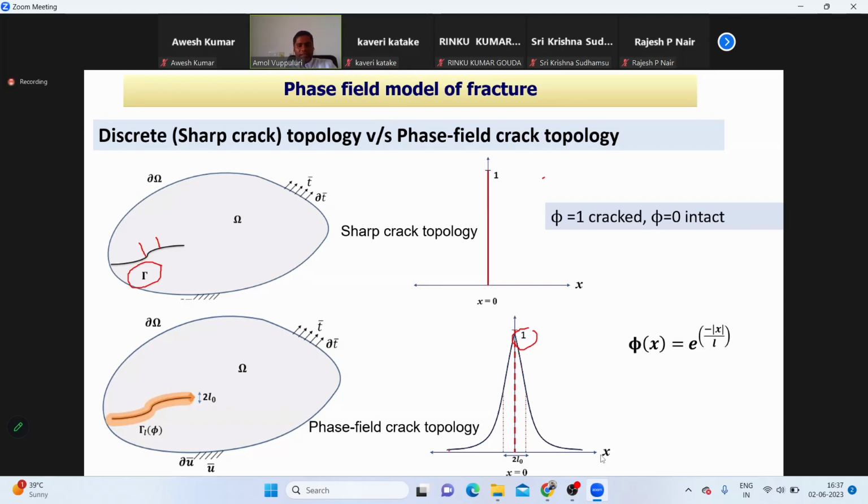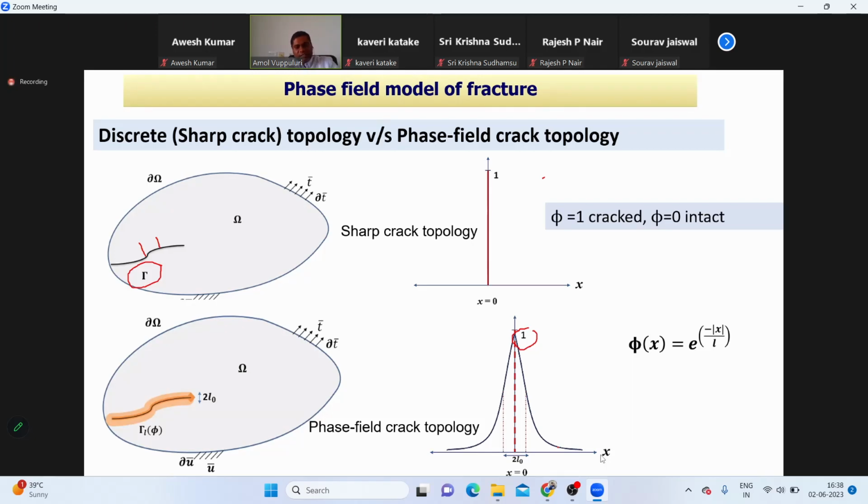So there is a smooth function which takes care of the transition between the intact zone and the damaged zone. If phi equal to 1 is the complete damage and phi equal to 0 is the intact material, then what are these intermediate values? Well, these intermediate values of phi between 0 and 1 are nothing but the extent of damage. So what phase field model says is that damage is not really sharp. In fact, it is diffused over a certain length.